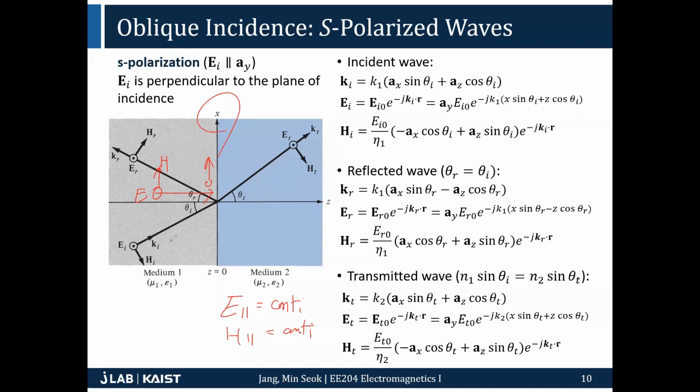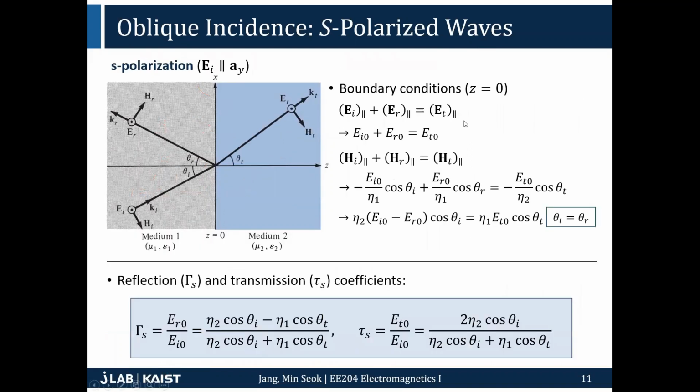Here in this case, the H field at least has a surface normal component and a surface parallel component. So you need to satisfy everything: E parallel continuous, H parallel continuous, B perpendicular continuous, and D perpendicular continuous. These four boundary conditions you already know, and you need to make sure everything is satisfied here.